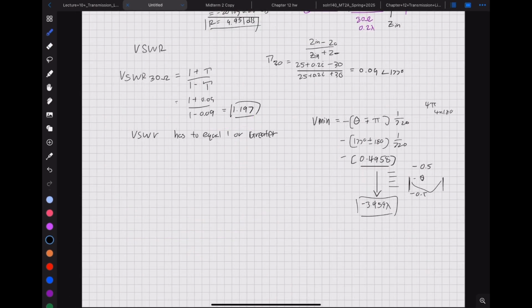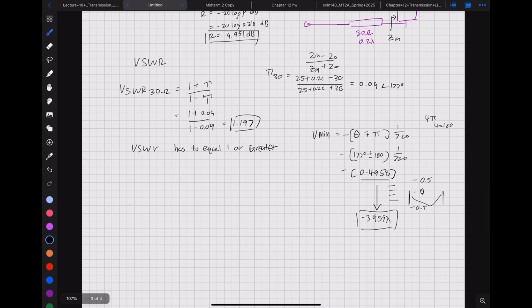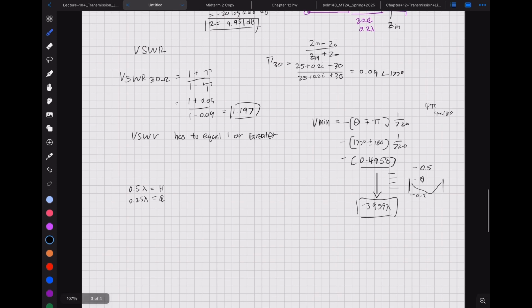If you watched all the way to the end, there may be some gaps in explaining how we get these equations. You know, we see them on the equation sheet, but where does it really come from? So one of the more important ones are 0.5 lambda and 0.25 lambda. So we're at a half and we are at our quarter wave.